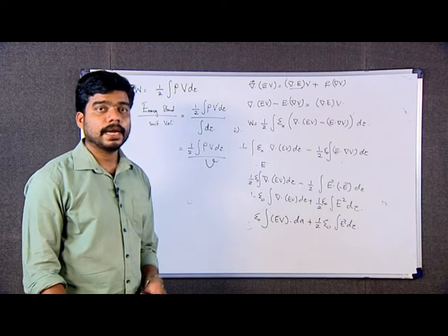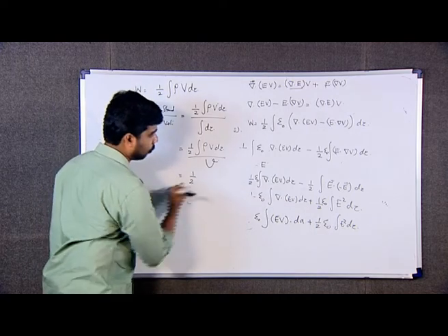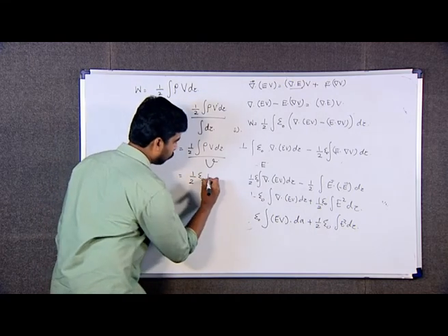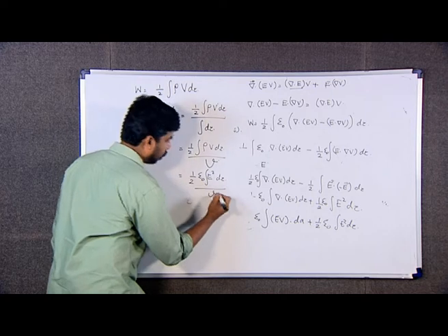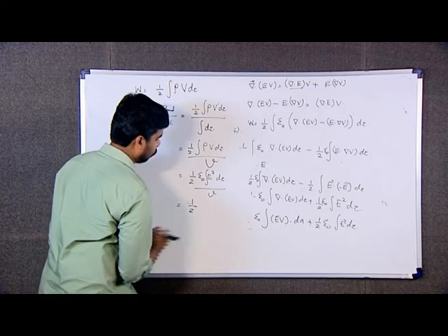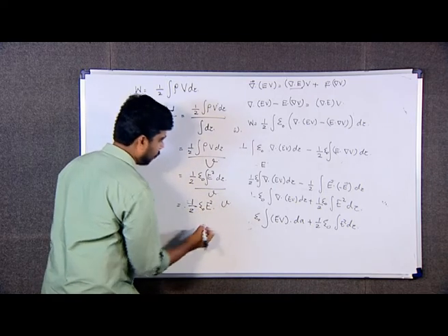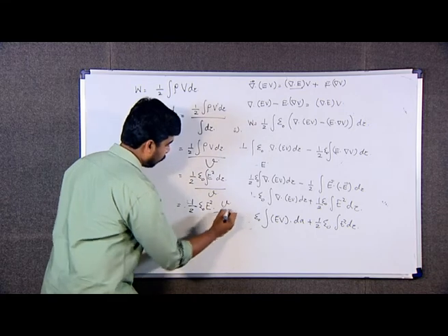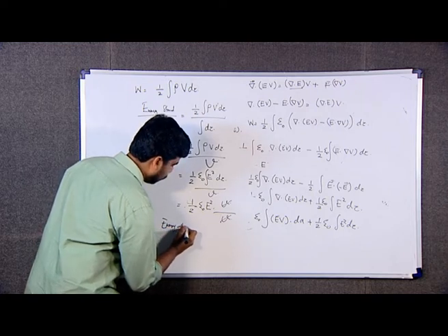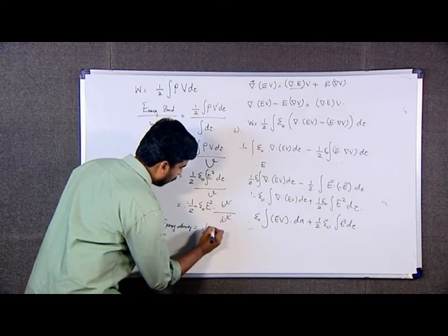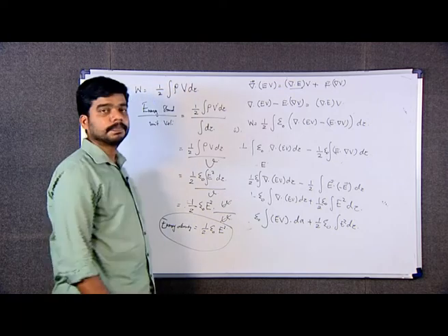We know the energy stored is half epsilon 0 integral E square d tau divided by the total volume v, which is half epsilon 0 E square into v divided by v, and the v and v cancel. So, the energy density is equal to half epsilon 0 E square.